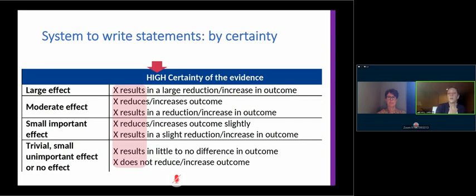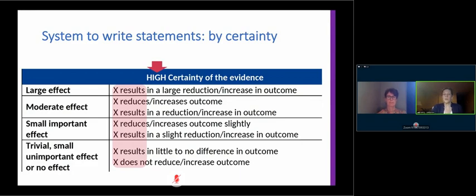Your choice could be that you would just say right out, there are no qualifying words necessary: the intervention results in, the intervention reduces this outcome, etc. You would be very straightforward, it reduces mortality, for example, if you have high certainty evidence, because there's no doubt about it.